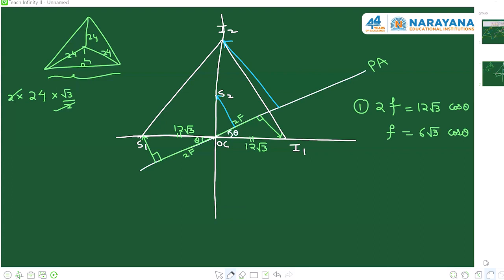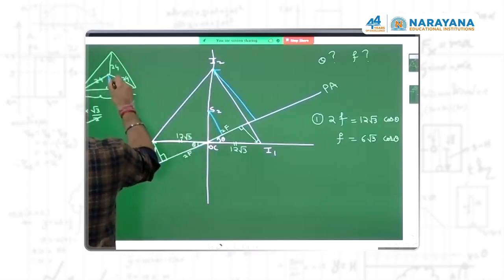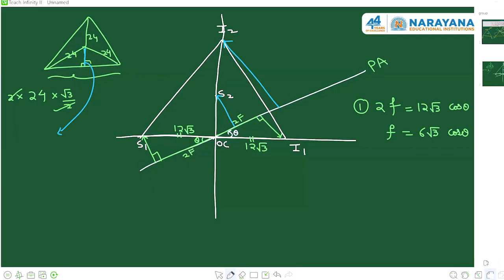And all of us understand these values here. This distance here is known to us. It is coming out as 12. So this value here is 12, and this angle geometrically is 90 minus theta.